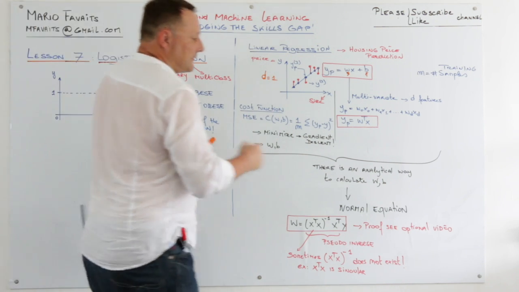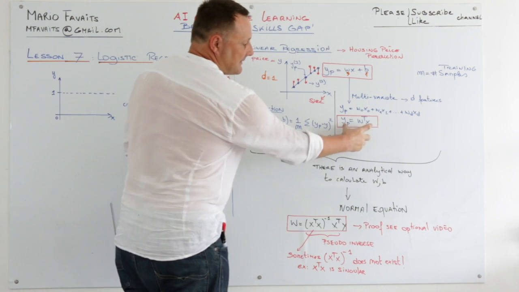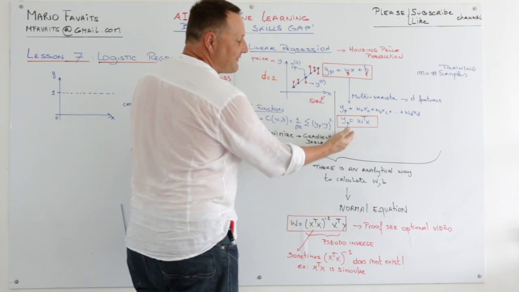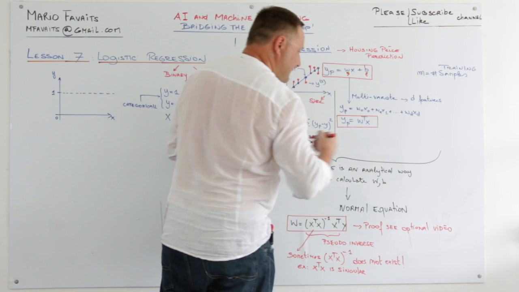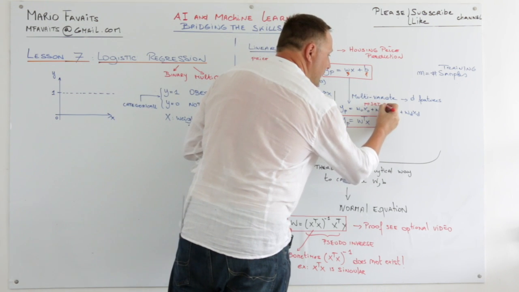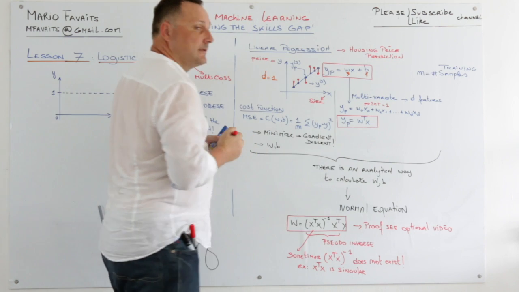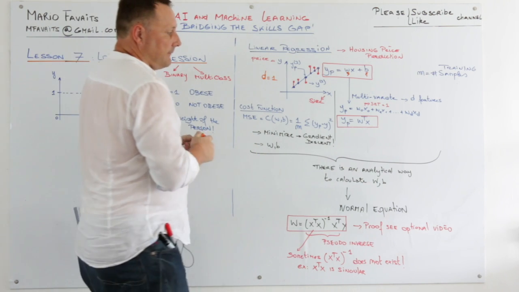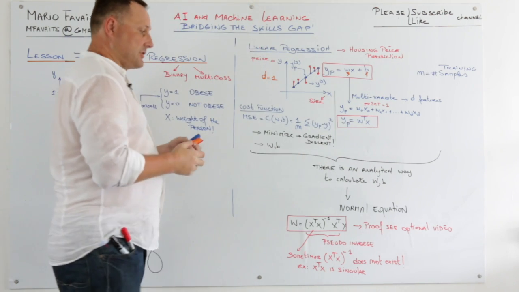And we also saw that we can get this in a matrix form or in a vector form. For example, we set x0 to 1. And then we have the matrix notation.